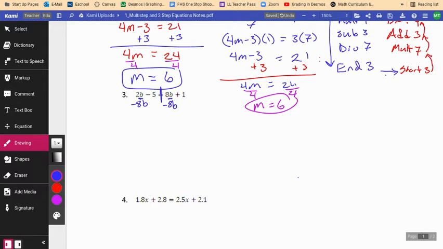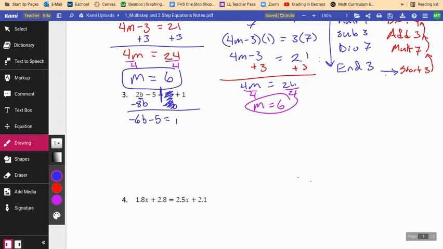I am going to subtract 8b to both sides. So that cancels the 8b on this side, and that leaves me with negative 6b minus 5 is equal to 1. Okay, so I've combined my variables. So I simplified.